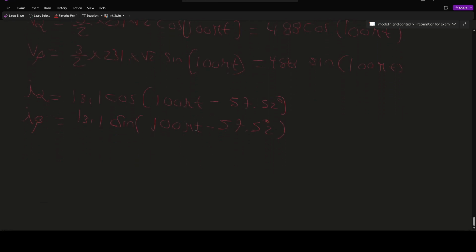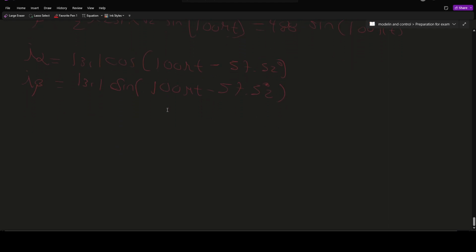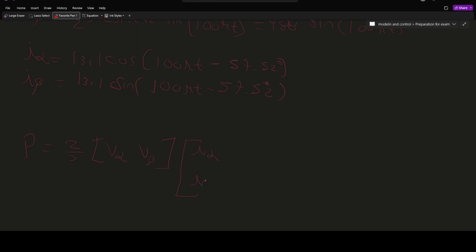Okay. Now, in a previous video, we derived this equation to calculate the power based on our alpha and beta components. At the end, we got 2/3 of the multiplication of these two matrices.